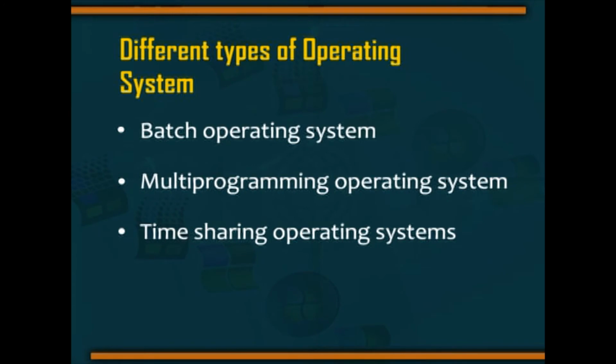Third type is time-sharing operating systems. Multiprogrammed systems provide an environment in which the various system resources such as CPU, memory and peripheral devices are utilized effectively. But there is no user interaction with the computer system.